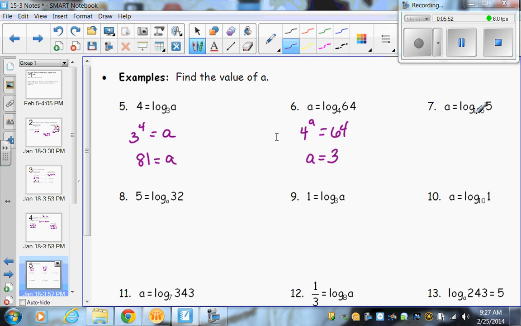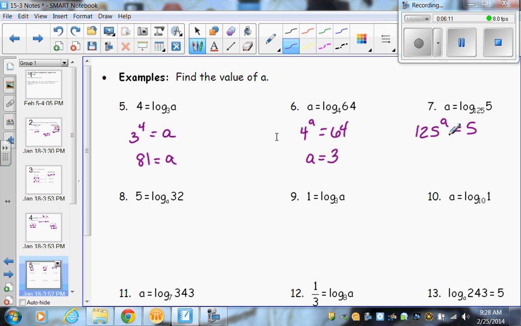Number 7, your base is 125. Your exponent would be a, equals 5. Anytime you have a bigger number raised to an exponent and the result is a smaller number, you should know that your exponent is going to be a fraction.